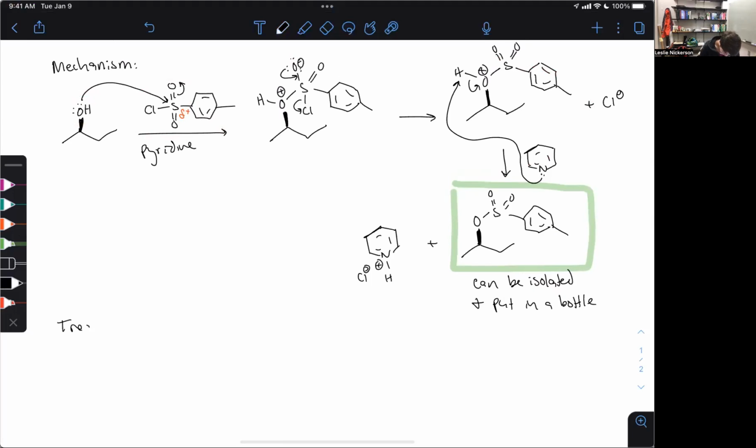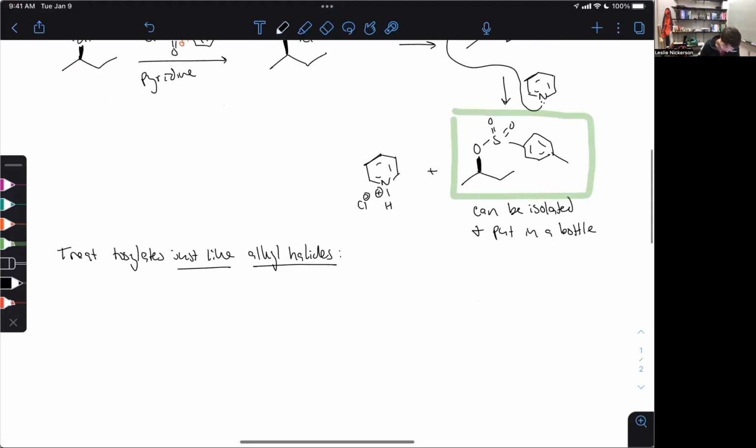Okay, so the way that we can use these, we're going to treat tosylates just like alkyl halides. So if I take this tosylate that we just made, and let's say I want to do an SN2 reaction on it, then I throw in sodium cyanide.